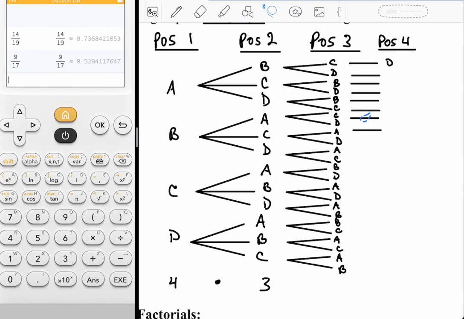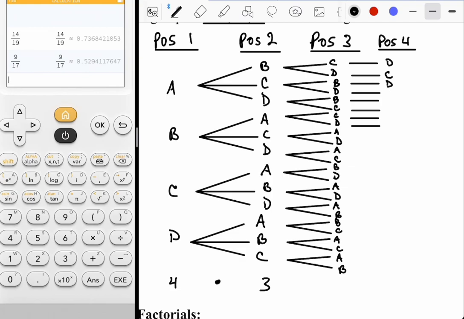Probably just going to be easier for me to just draw them as I go. All right, so ABC must be D, ABD must be C. So the last value is actually picked for you by making the first 3 selections. All right, so that's something else to keep in mind.